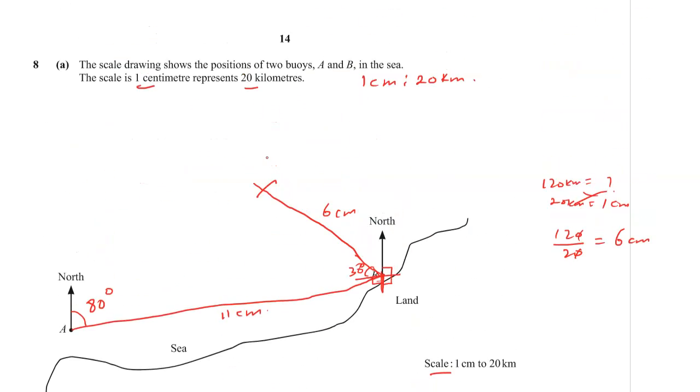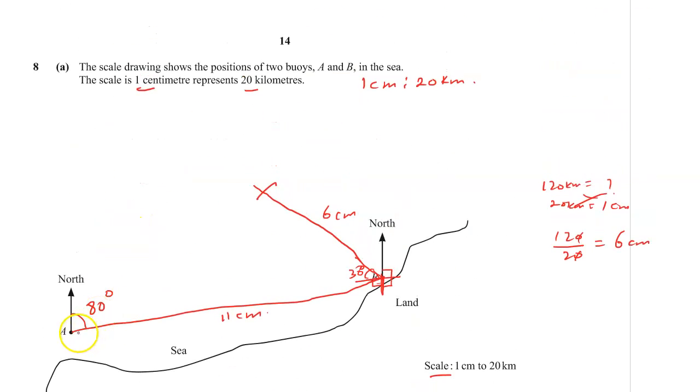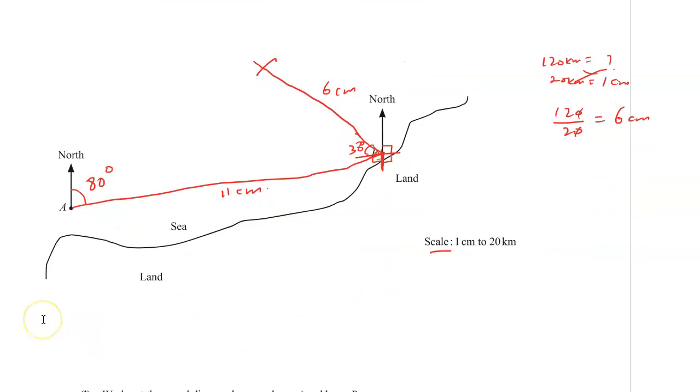You need to come here on A, stand with your compass, open the compass more than half, make an arc here and another arc there. Come stand on B and make another arc there, and another arc there.